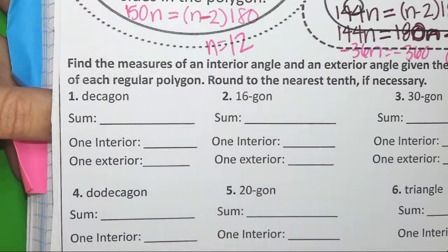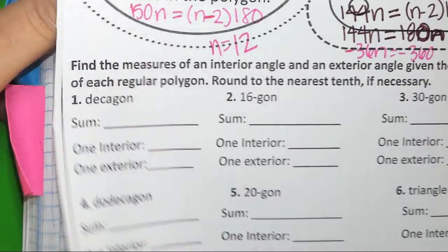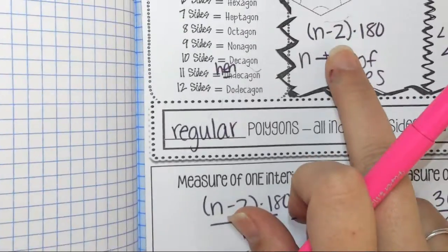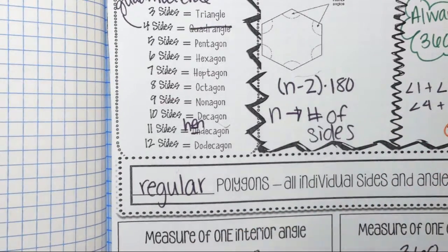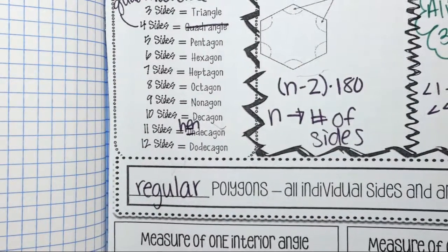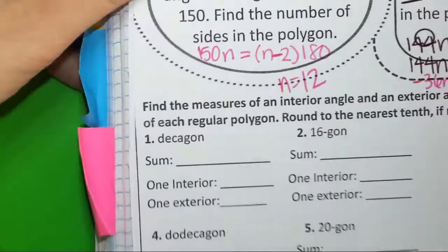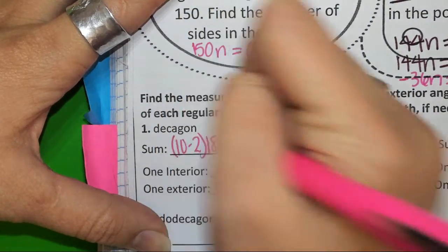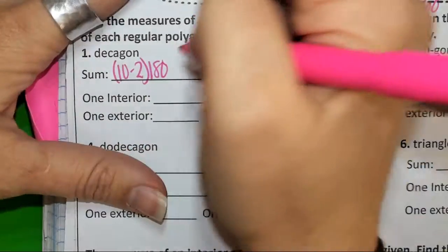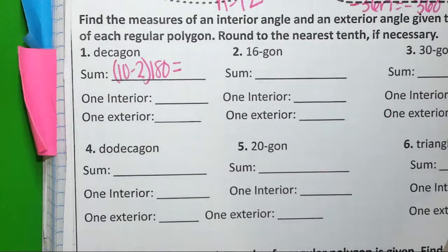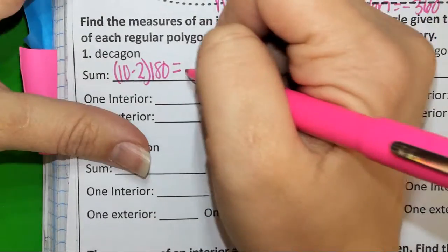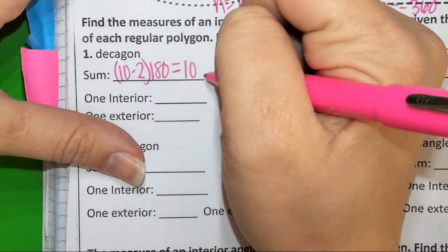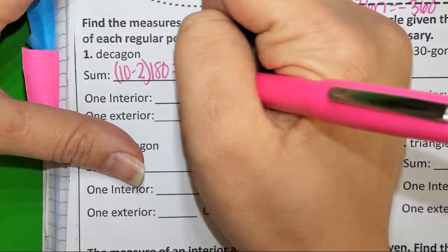So the sum of the interior would be what? (N minus 2) times 180, right? How many sides does a decagon have? Okay, so we would do (10 minus 2) times 180, or 8 times 180. And what's 8 times 180? 1,440.